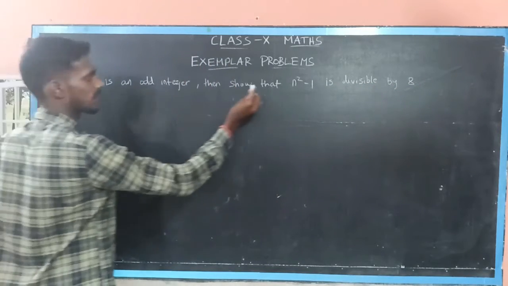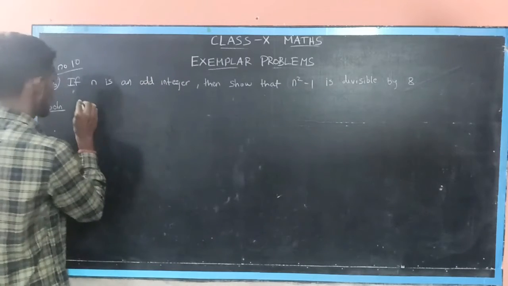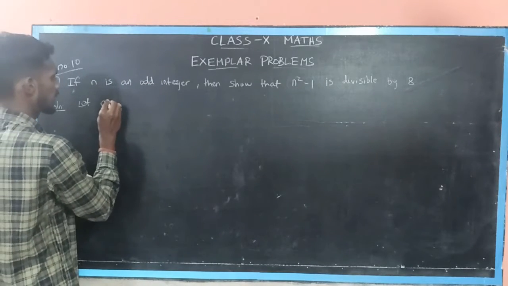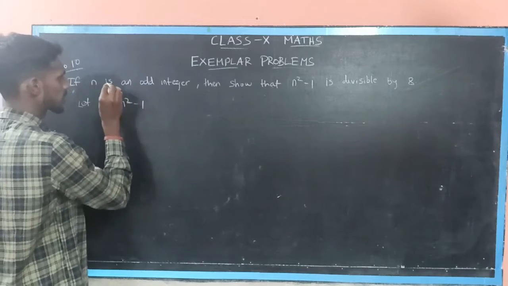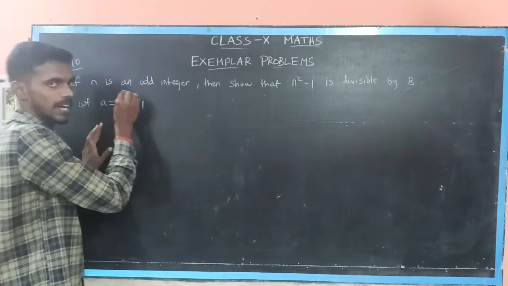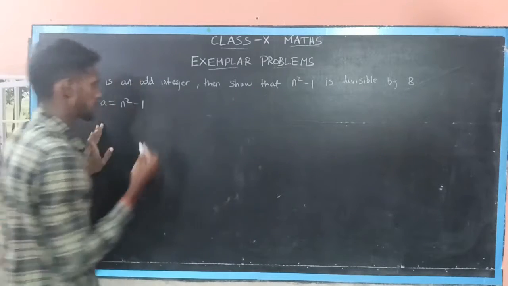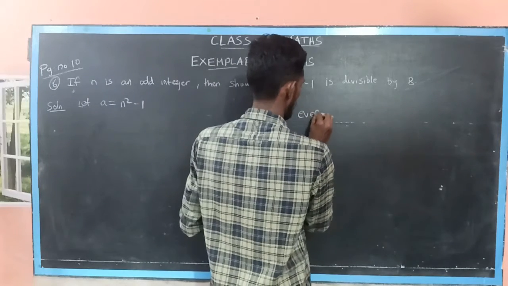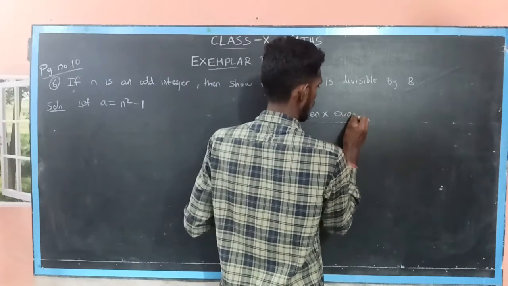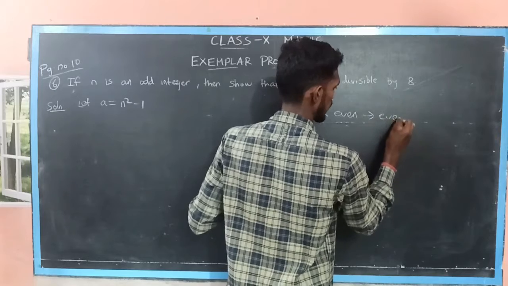Let us assume a value to this number. So, I am assuming let a is equal to n square minus 1. Here n is an odd number, so n can take the values 1, 3, 5, 7, etc. Okay. Now, we are going to see some facts. The product of even number and even number results in even number.